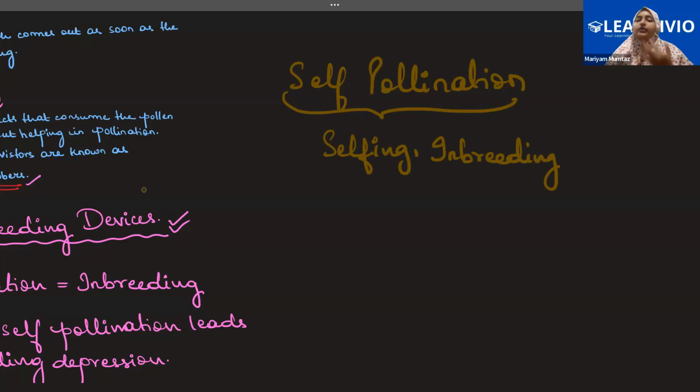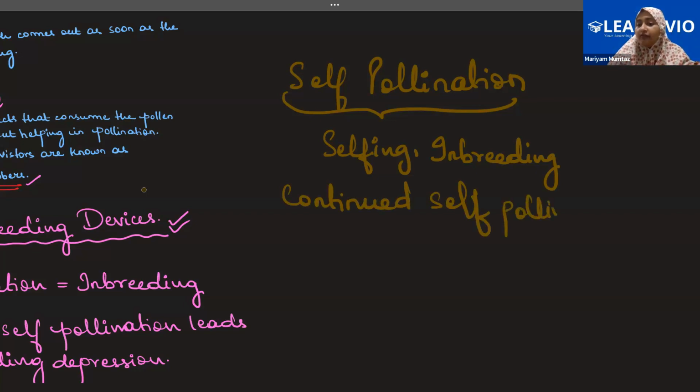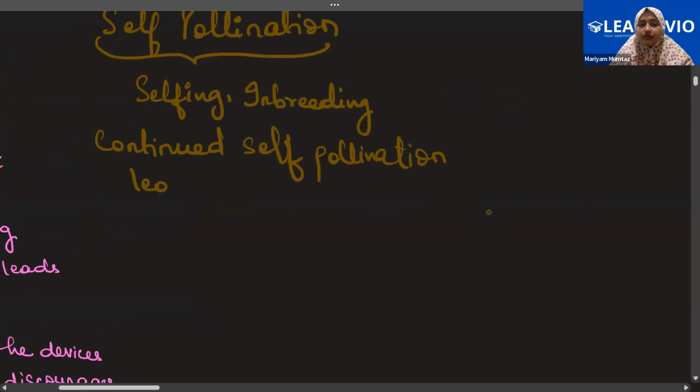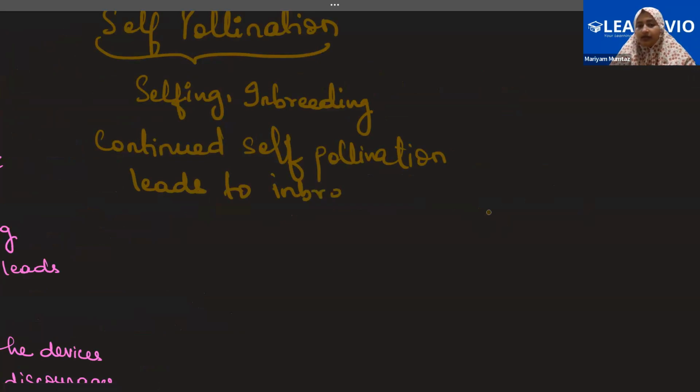So when continued self-pollination is done for several generations, it leads to a phenomenon that is known as inbreeding depression. Always remember, only the continuation of self-pollination leads to inbreeding depression, when done for several generations, not just one.